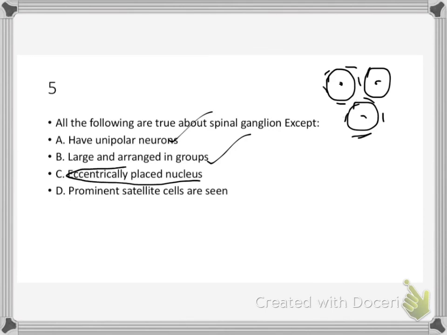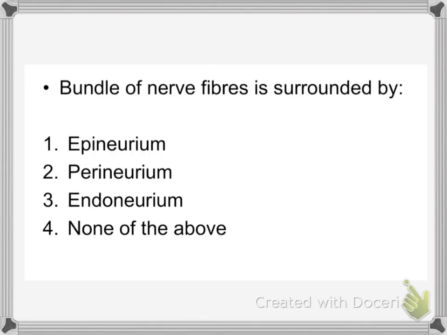What is this, eccentrically placed? It is centrally placed. So wrong. Prominent satellite cells. Done. Very good. The last one is an important one. Bundle of nerve fibers. Each nerve fiber is surrounded by endoneurium. Isn't it? Okay. That's all about all the things.